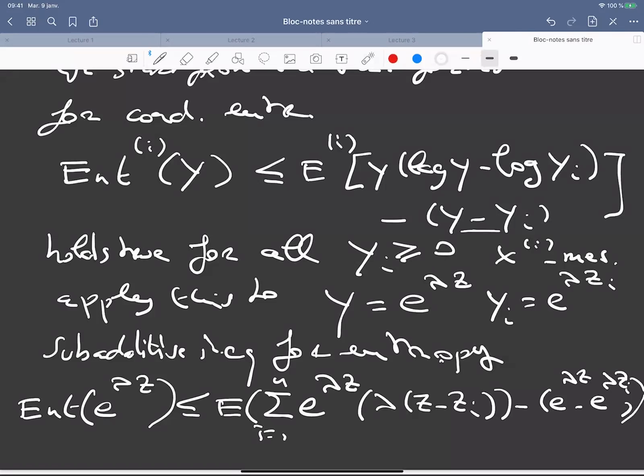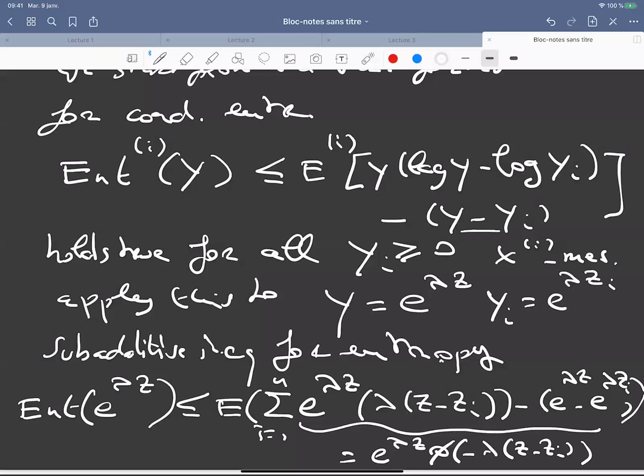And of course, if you compute this, this is equal to exponential of lambda z times the function phi that we have defined in the statement of the result. And this is over. So as you see, it's merely the combination between the subadditive inequality for entropy and the variational formula for entropy. You combine the two and you get this key lemma.